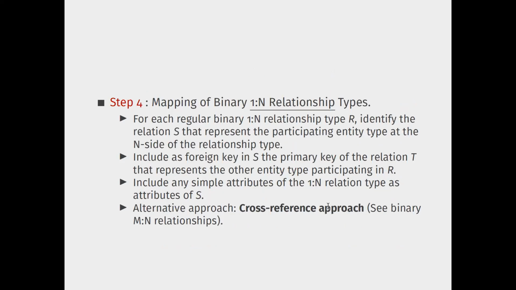If you have a one-to-many relationship, then with the foreign key approach, select the N side. So you select the primary key on the N side and create a relation. Or else you can separate them as an alternative approach.